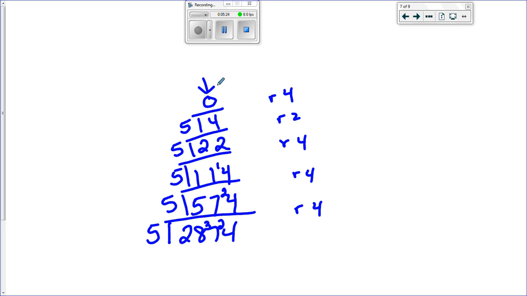So you always have to make sure you get a 0 up here, and this number is your remainder. So my answer is 4, 2, 4, 4, 4, and make sure you put the little 5 there.